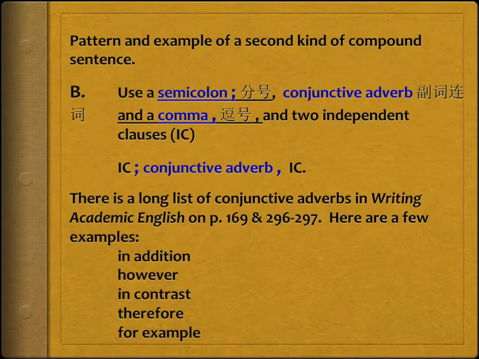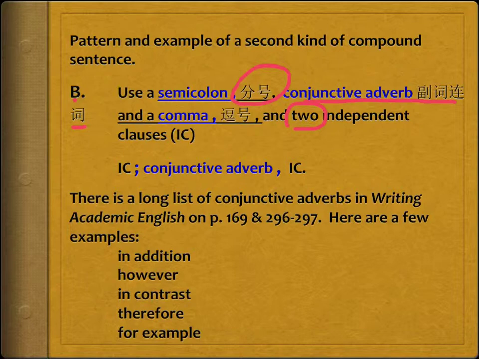Here is another pattern for a compound sentence. We can use a semicolon, or 分号, along with a conjunctive adverb. A conjunctive adverb, 副词连字, and 2 independent clauses.